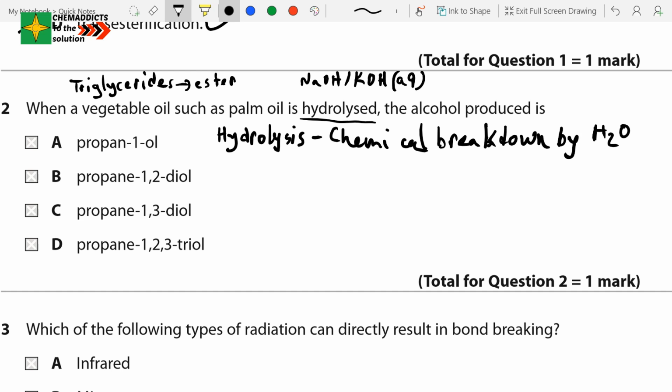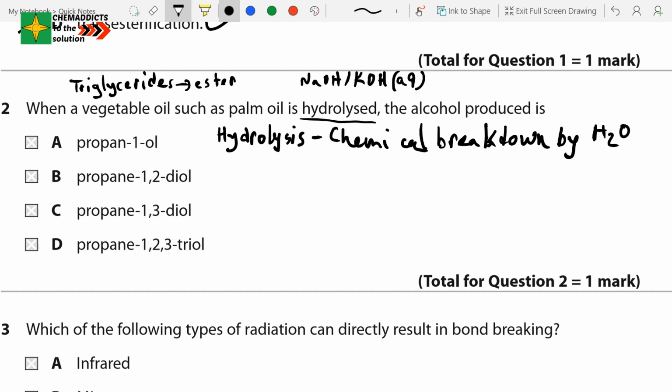Soap is manufactured by the alkaline hydrolysis of oil ester of long chain carboxylic acids and a triol, which is mainly glycerol.